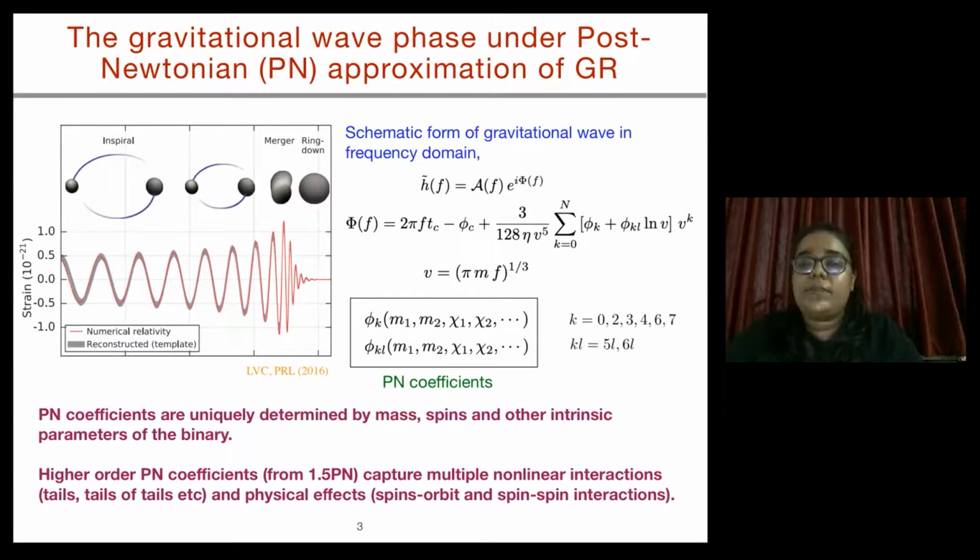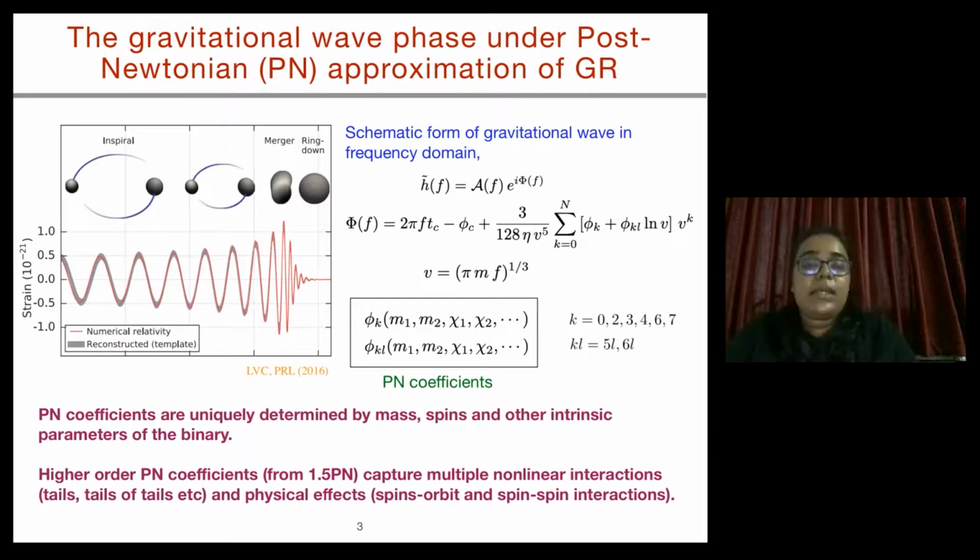These phi k and phi kl that you see are called the post-Newtonian coefficients, and in GR these are all uniquely determined by the masses, spins and other intrinsic parameters of the binary.